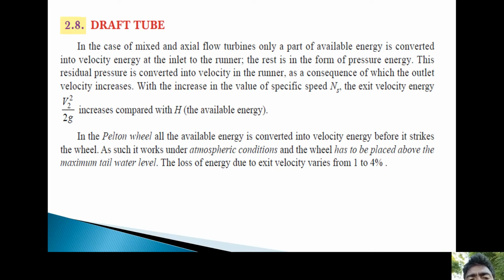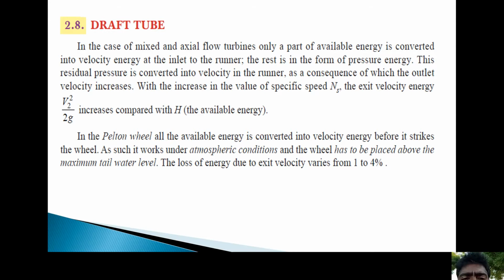With the increase in the value of specific speed Ns, the exit velocity energy V2 square by 2g increases compared with H, the available energy. In a Pelton wheel, all the available energy is converted into velocity energy before striking the wheel.